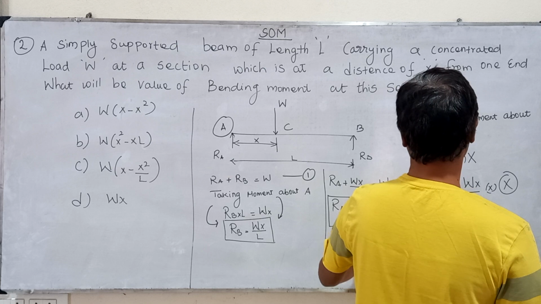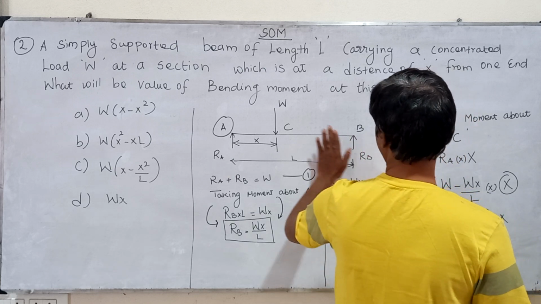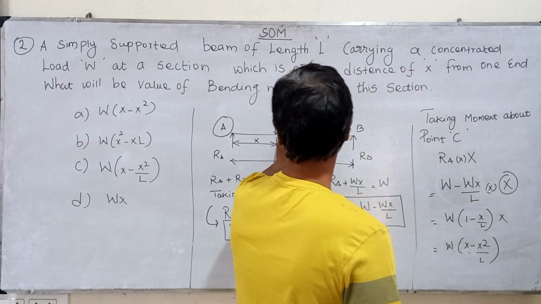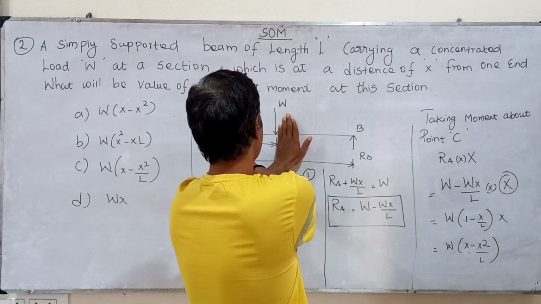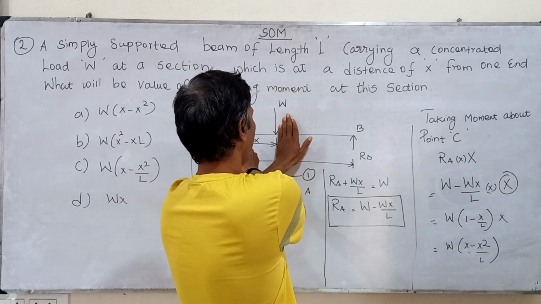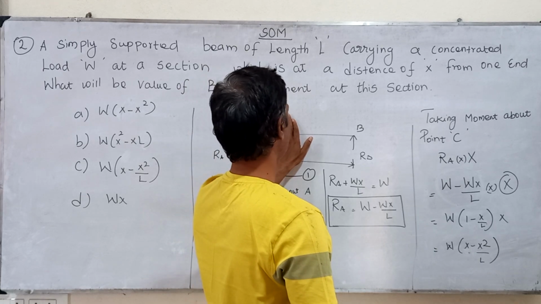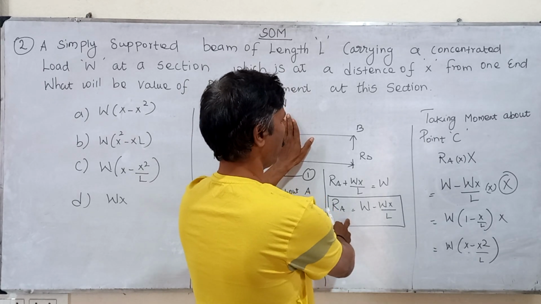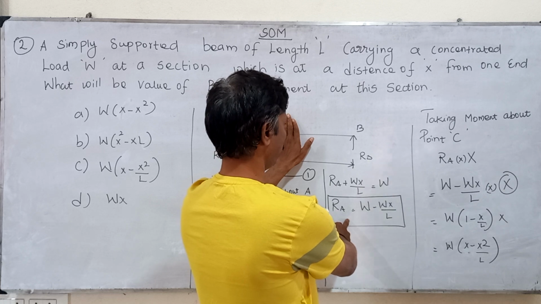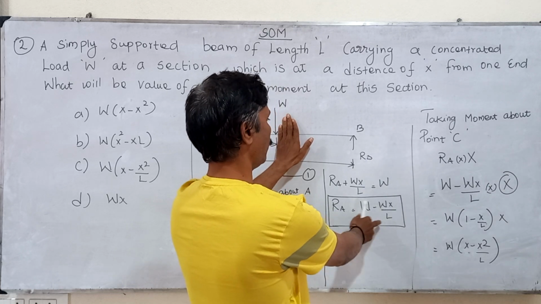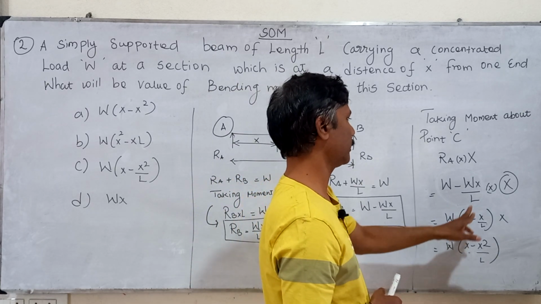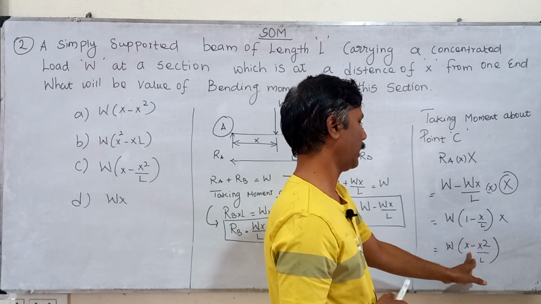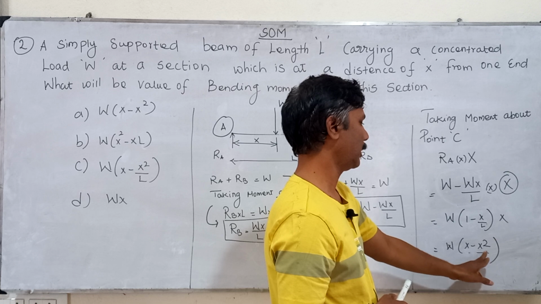We can take any one side. So first we take Ra into x, that is the moment. We have the value for Ra here: Ra equal to W minus W x by L. When you multiply, you get W, open the bracket, x minus x square by L.